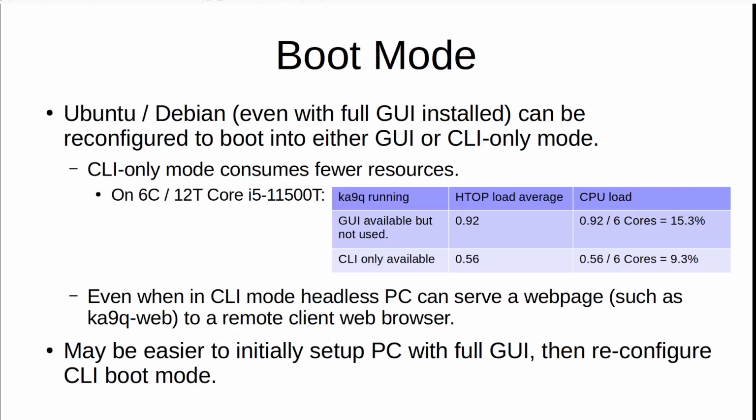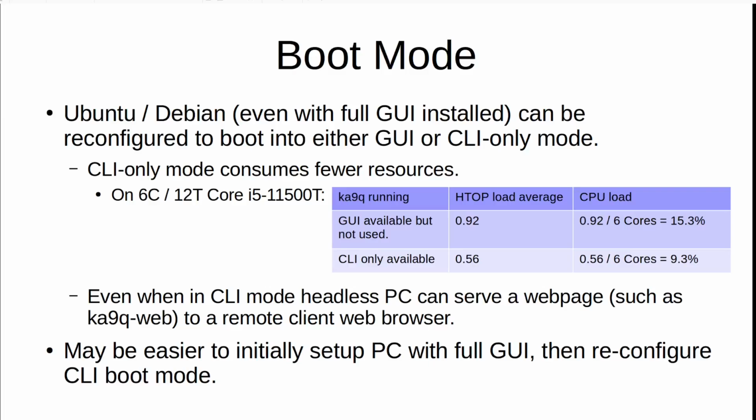The server that we'll be demonstrating here is a 6-core, 12-thread Core i5 11500 series Intel processor. I made a few measurements with the KA9Q radio software running. With the GUI available but just not being used, HTOP reported a load average of 0.92.